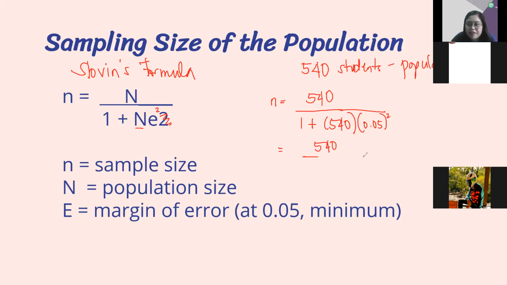And then this is 540 divided by 1 plus 540 times 0.05 squared, which is 0.0025. Okay? And then let us continue. So 0.0025 times 540 is 1.35.